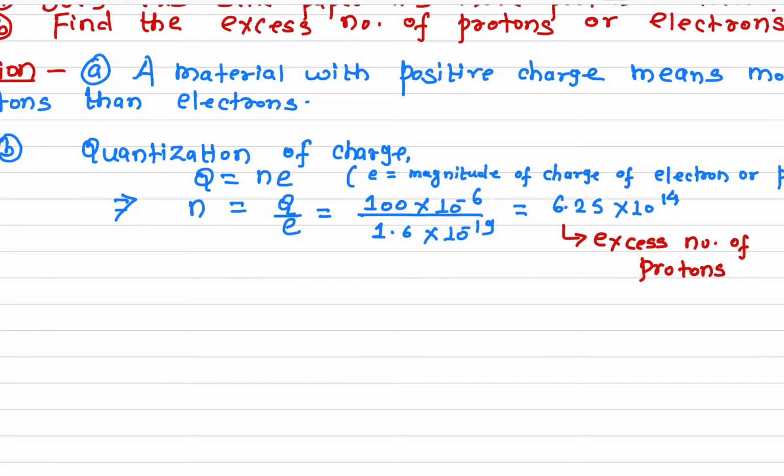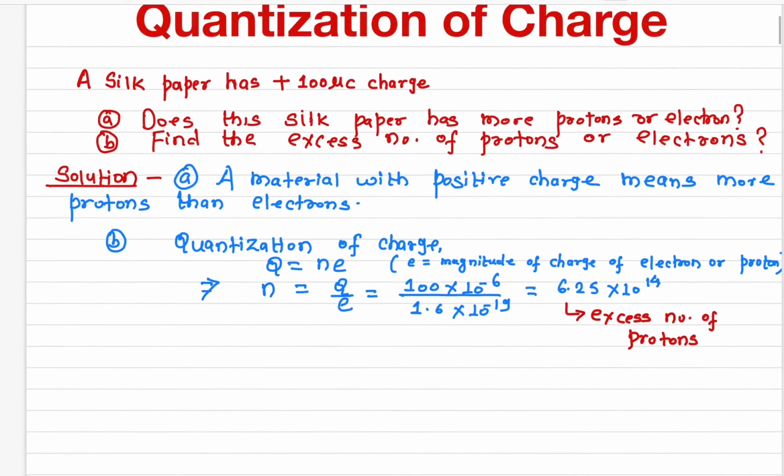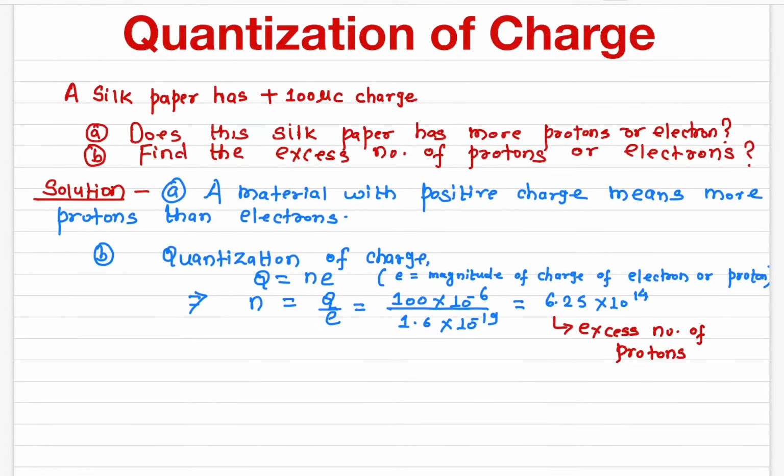That means it has this many more protons than electrons. Or in other words, during the charging process, it has lost this many electrons to the other object. So this is a pretty straightforward way to calculate the number of extra protons or electrons an object has while it is charged.